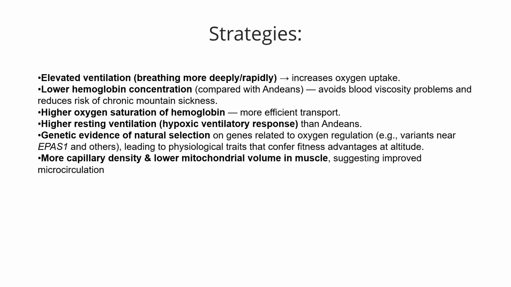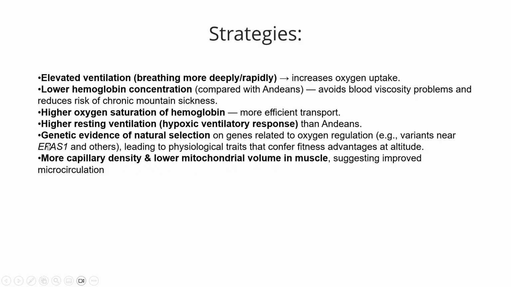or deeply, so that increases your uptake. You can have lower hemoglobin concentration in comparison to Andeans, when you would think that someone would need more hemoglobin to overcompensate for this. But that could actually cause viscosity and buffering problems in the blood. So actually, they have higher oxygen saturation of hemoglobin, which transports better, and some other things.